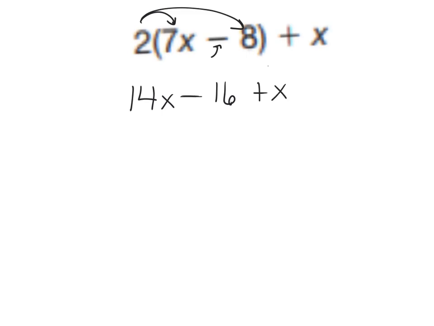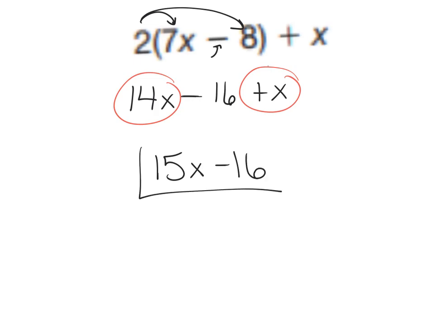And then plus x. So then you have to determine, is this as simple as I can make it, or can I combine like terms? Well, this time we can combine like terms because 14x and x are like terms. So 14x plus x gives me 15x minus 16. And that is our final answer.